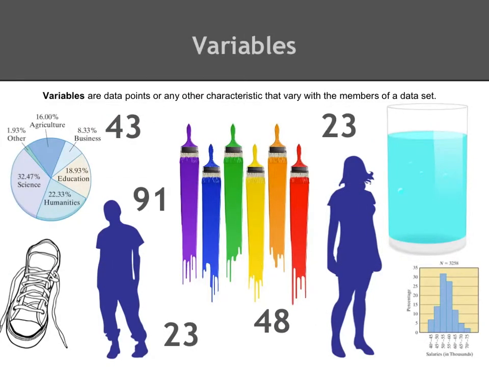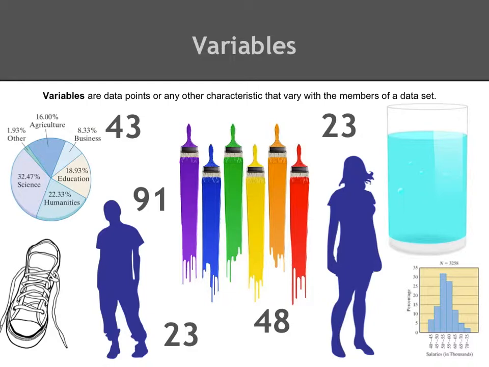The data sets that we will be looking at either have quantitative or qualitative variables. Variables are data points or any other characteristic that vary with the members of the set.